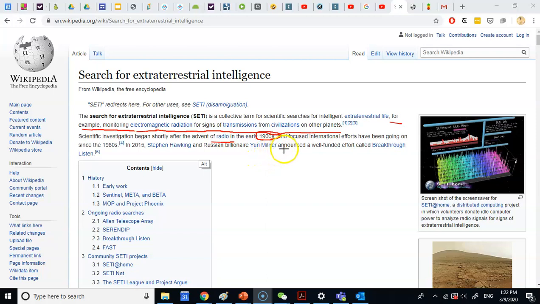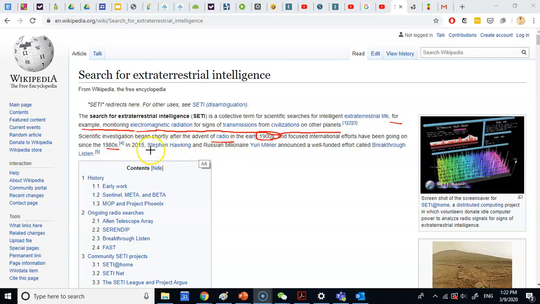So they focused their international efforts. Their international efforts have been going since 1918. However, they have tried to do this kind of investigation since the radio was discovered.